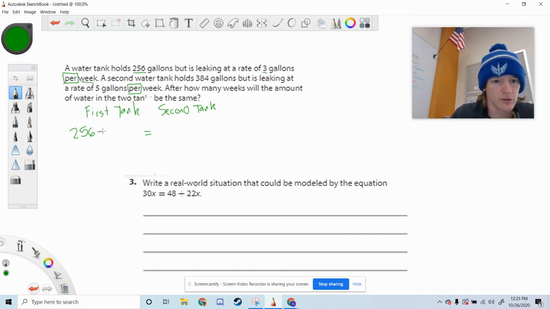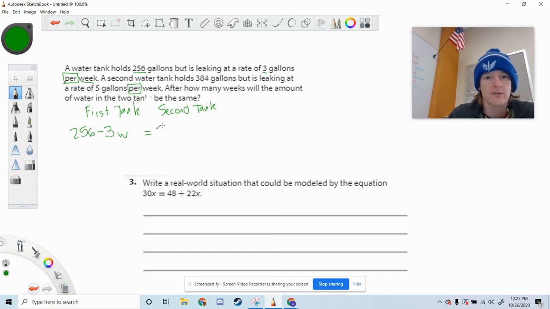So 256 gallons, it loses 3 gallons. When I see this word per, it says per week, I'm going to include my variable there. So it's every week, and I'm going to use W as my variable because now I know W is weeks. So we're going to start with 256, and every week we're going to go down by 3 gallons.